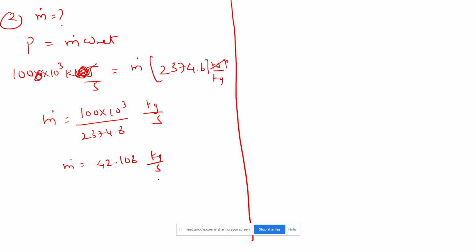Now what have they asked in the question? They have asked to calculate mass flow rate in kg per hour. So for converting seconds into hours, what do we have to do? First convert seconds into minutes: divide by 60. And then minutes into hours: again divide by 60.